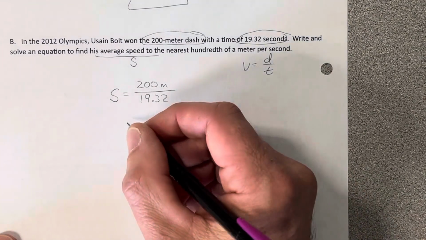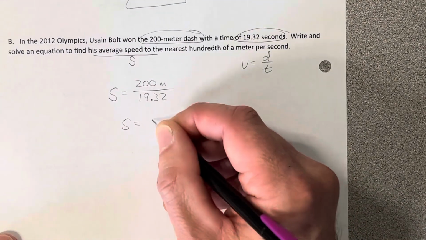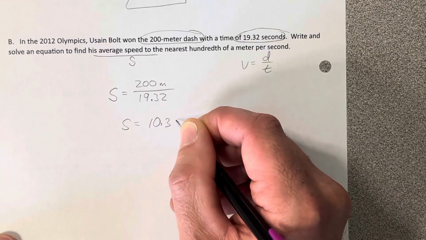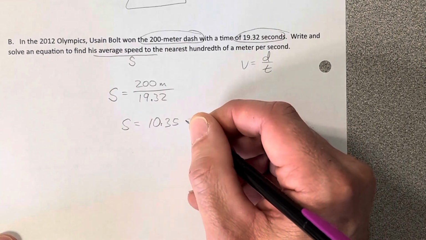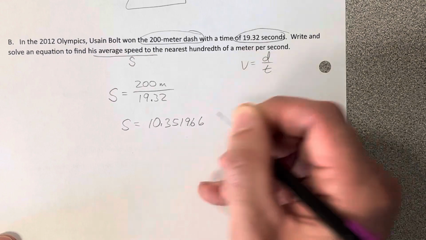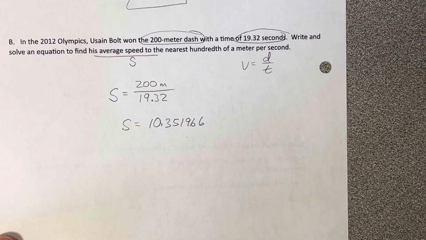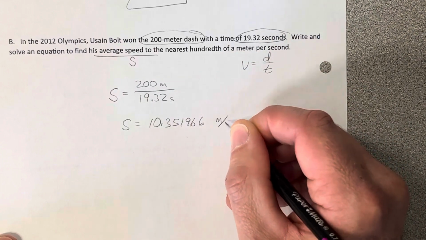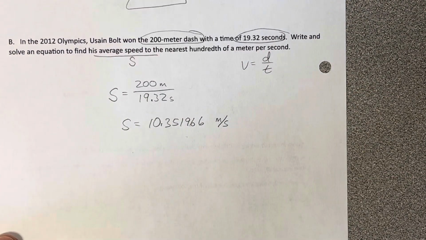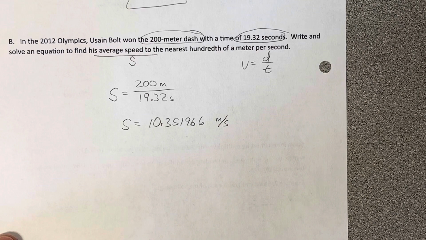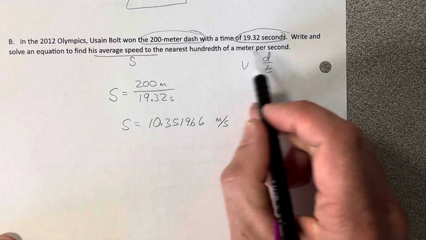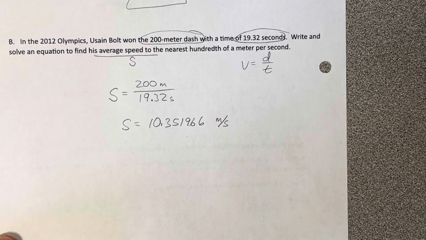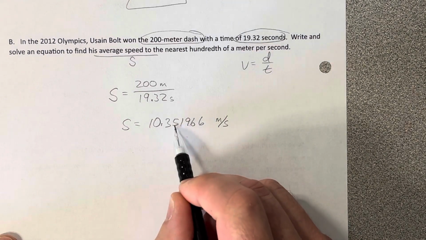And when you divide these, you're going to get that the speed is 10.35, and it keeps going, 1966, but they wanted us to round our answer, and that's, by the way, meters per second. Meters per second is the units on this. I think that's a good thing to keep in mind. They want it rounded to the nearest hundredth.